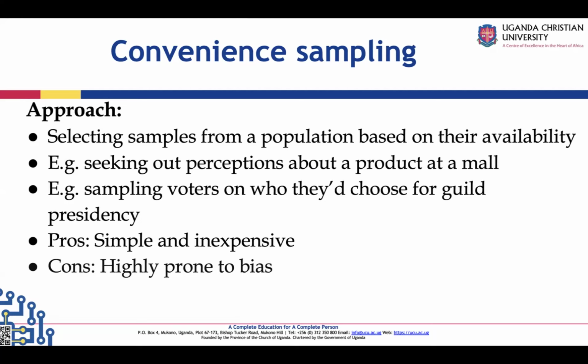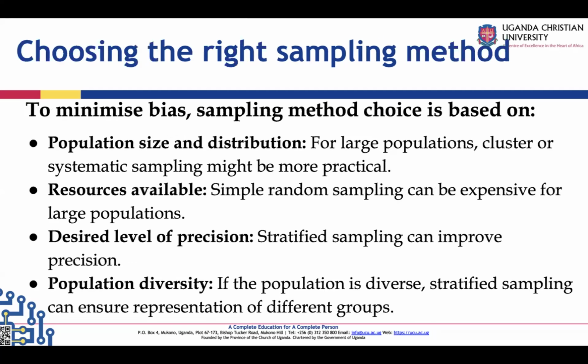When you're in a mall and they're seeking out your reviews on a new product, it's only because you walked in or you're available or willing to participate in that survey. So this one tends to be simple and inexpensive, but it's highly prone to bias.